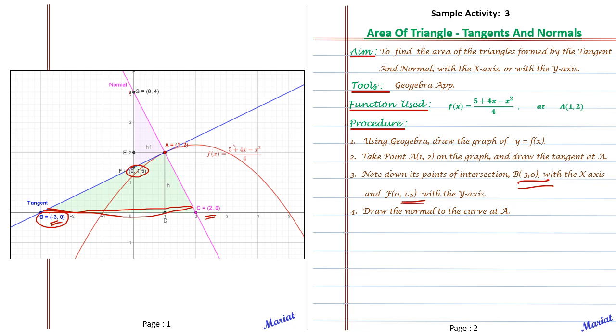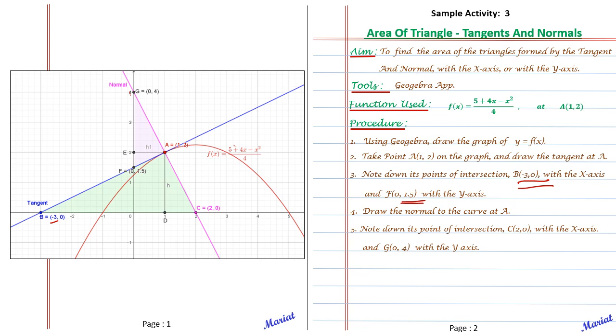Draw the normal also, and after drawing the normal, note down the points where the normal is intersecting the x-axis and y-axis. Then draw the altitude AD. This is the altitude AD of this green triangle, which is made by the tangent and normal with the x-axis.